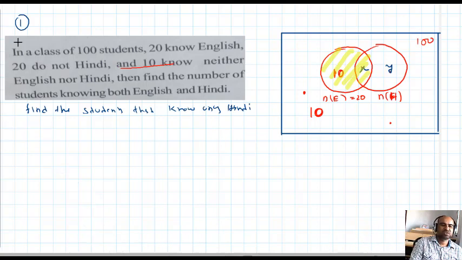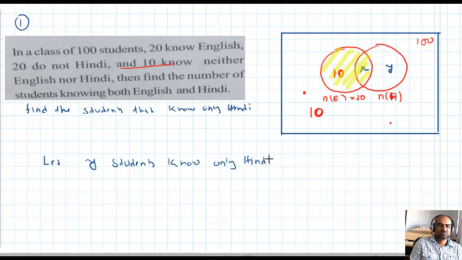First part completed. Second part: let Y students know only Hindi. What is the meaning of that? 10 plus X plus Y plus 10, total 100.